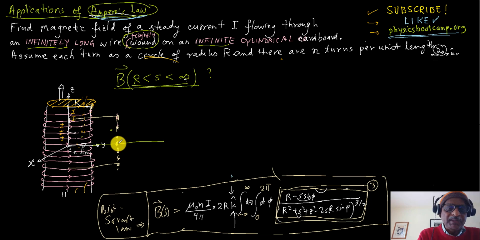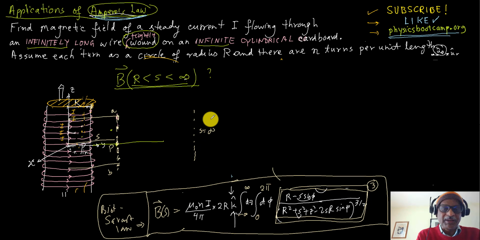So B here, say this is the s, this B here at point P is the same at point A, at point B, and so we also know that over here this is s equal to infinity, okay? Over here B at s equal to infinity is 0.